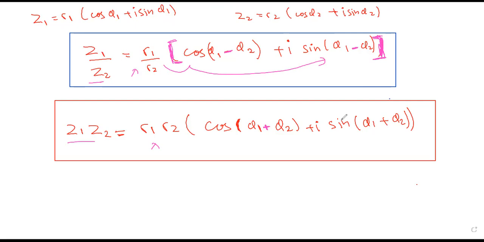So let's do another example. This time, again, the question is the same, but you need to find Z1 by Z2. Z1 is 10 cos 2 pi by 7 plus iota sine 2 pi by 7.